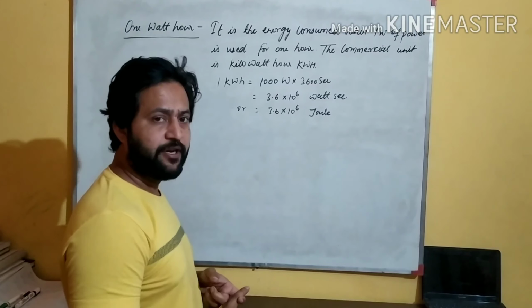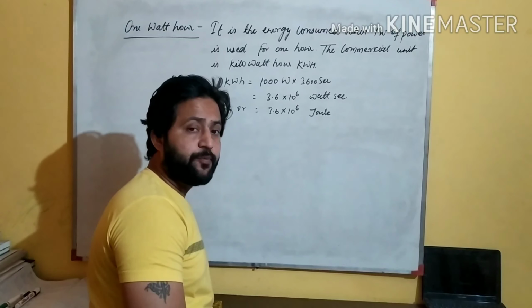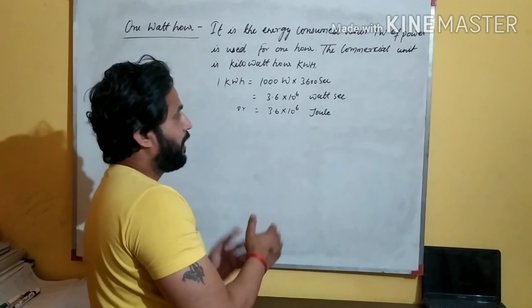Now we can write 3.6 into 10 raised to power 6 watt second. So 1 kilowatt hour equals 3.6 into 10 raised to power 6 watt second, or 3.6 into 10 raised to power 6 joule.